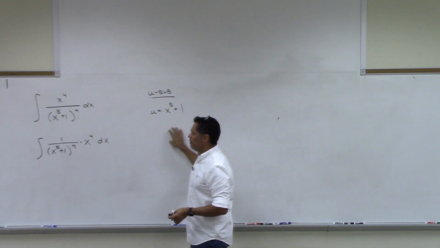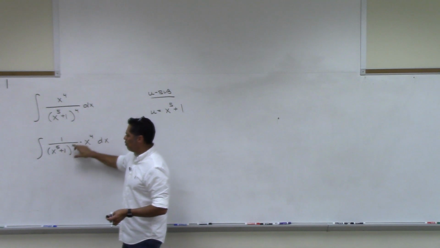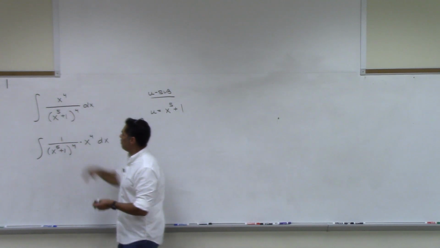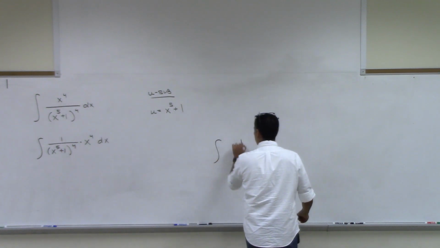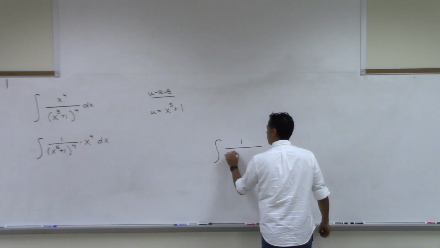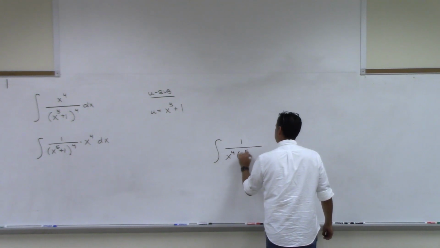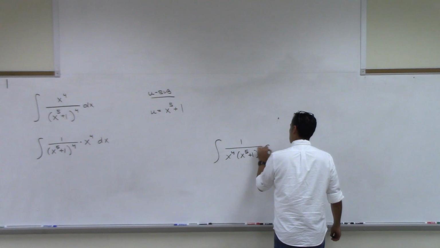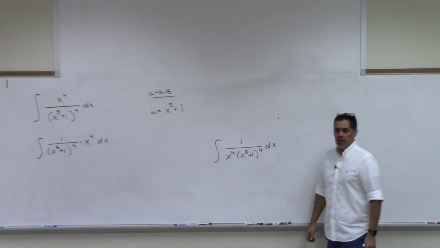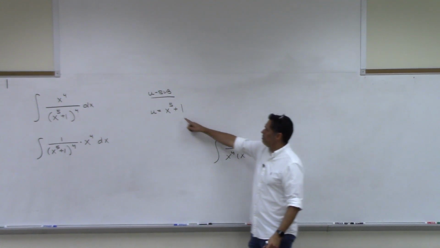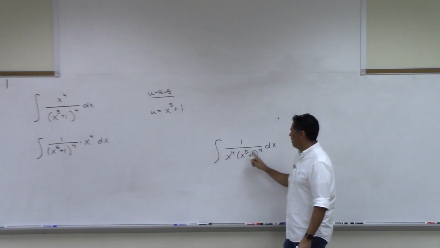Understand? Yeah. So if this x to the fourth was somewhere else, like let's say that x to the fourth was on the bottom. Look at that problem. If you try this u substitution, do you see its derivative?